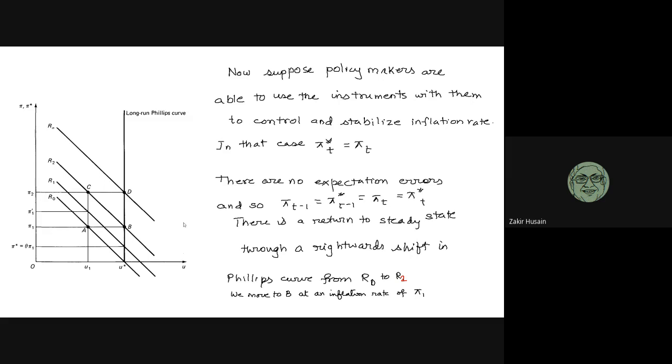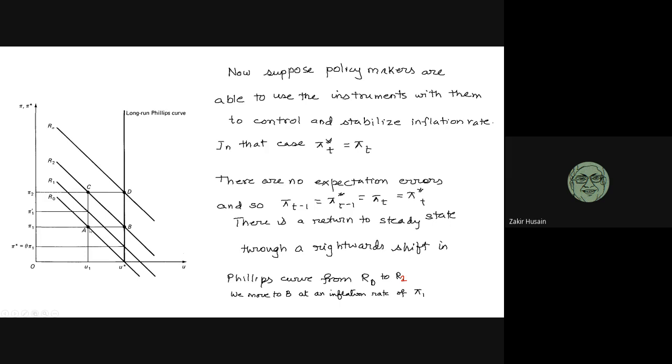Now, suppose policymakers are able to use the instruments with them to control and stabilize the inflation rate, right? So, in that case, pi star becomes pi t. There are no expectation errors once I reach B. And so there's a return to steady state.